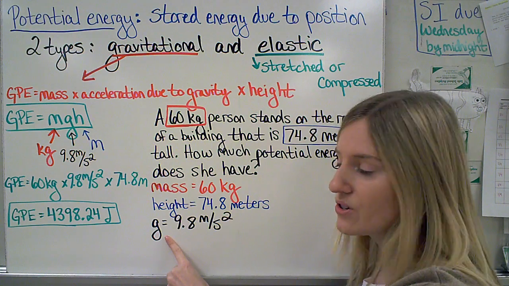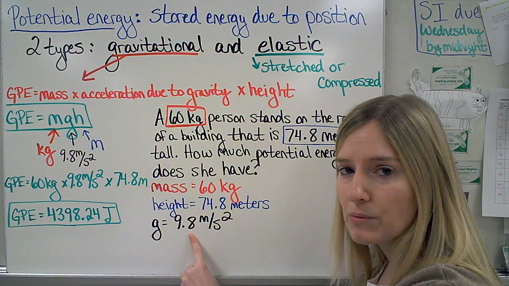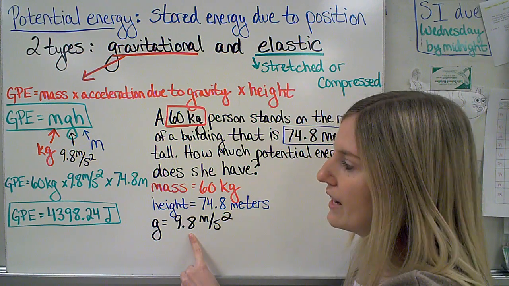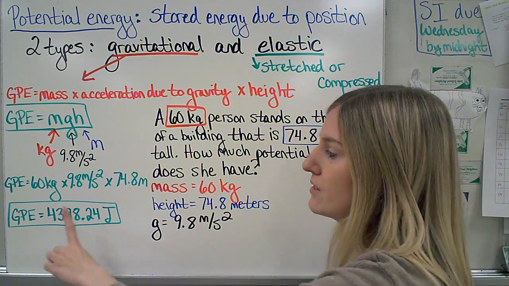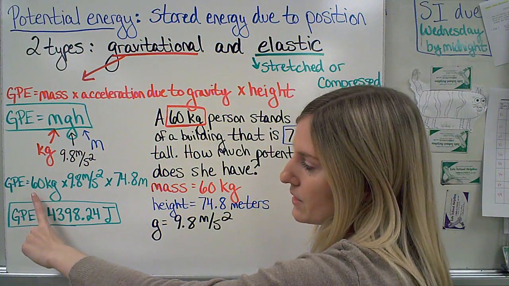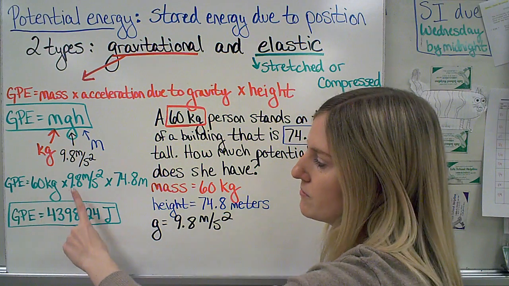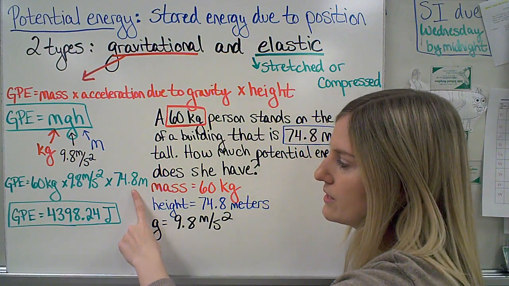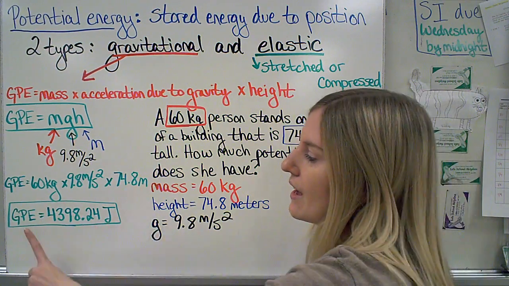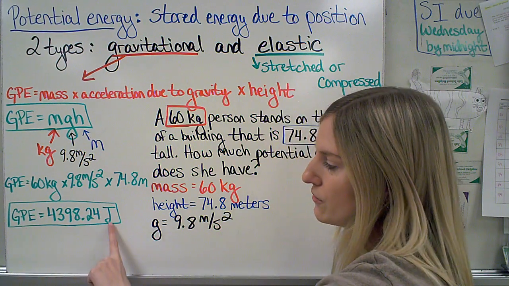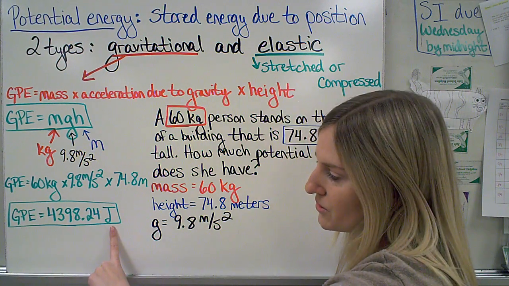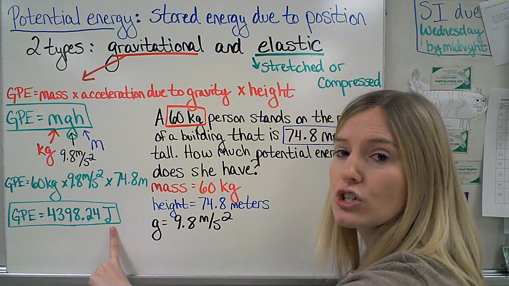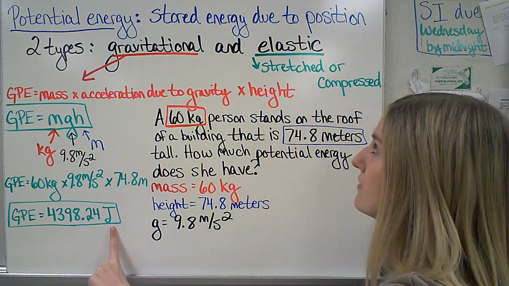G, acceleration due to gravity, is always 9.8 when we're on Earth. So all I have to do for this one is multiply those 3 numbers together. 60 kilograms times 9.8 meters per second squared times 74.8 meters. And my potential energy for that person would be 4,398.24 joules because it's energy.